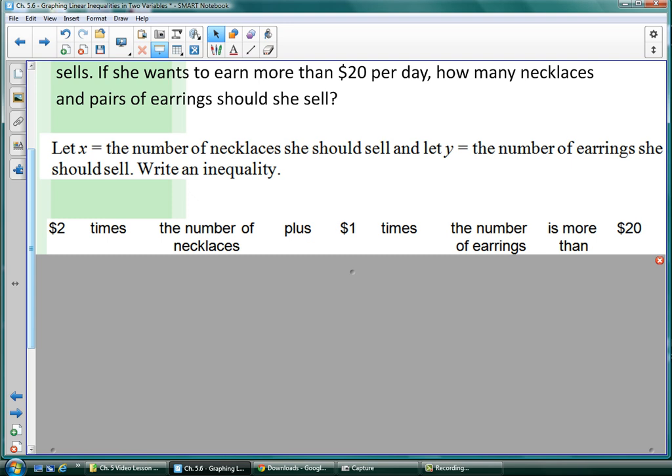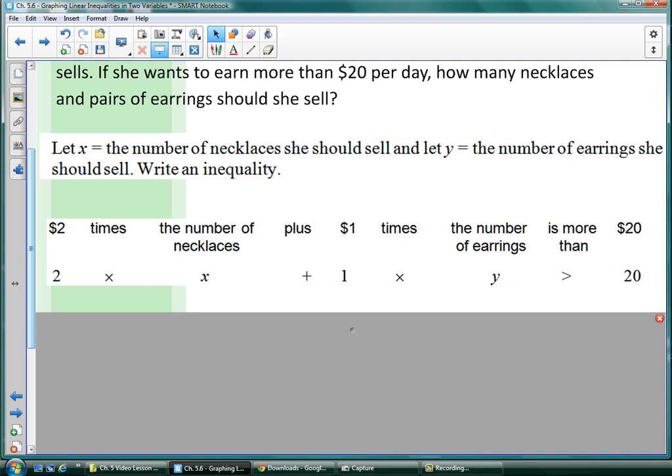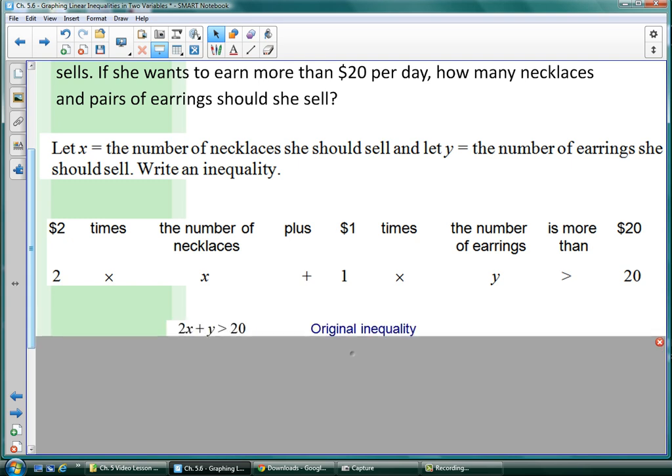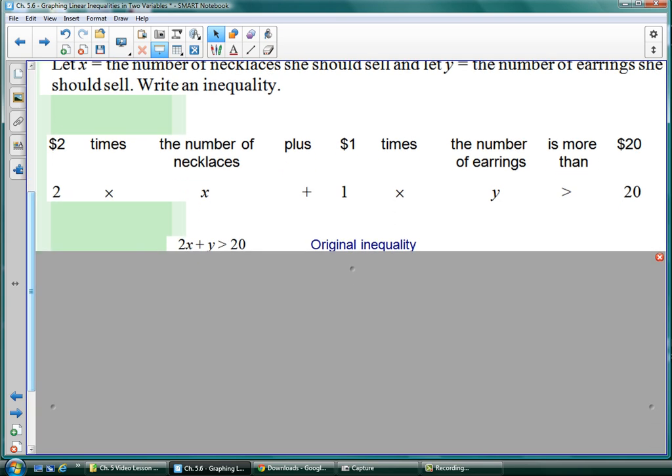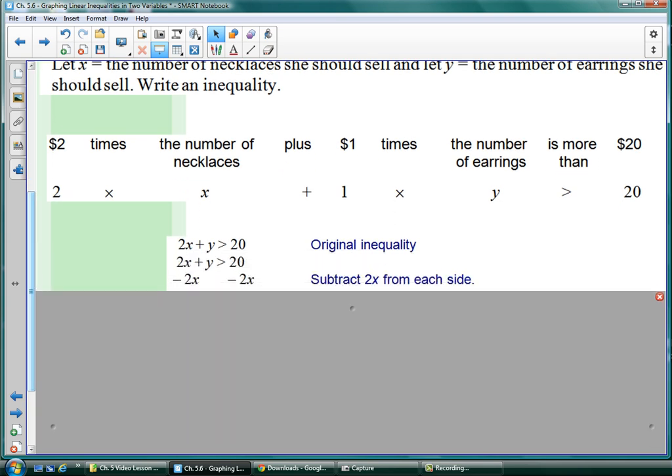Is more than means that I have to be greater than. So 2 times x plus 1 times y is greater than 20. This is my inequality. So I've defined my variable, I've written my inequality. Now I'm going to solve.